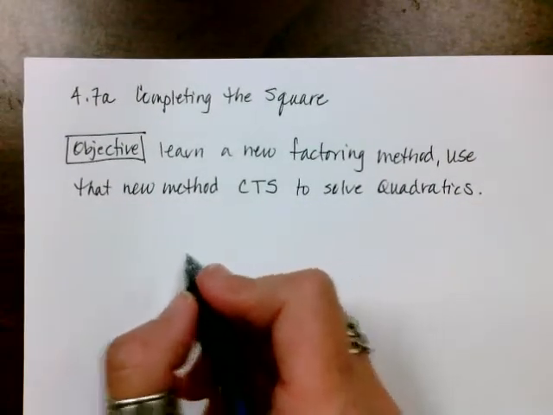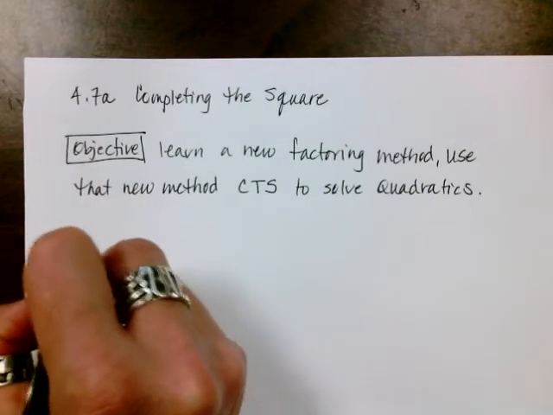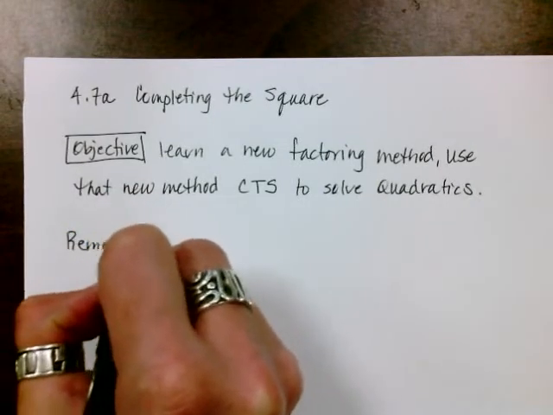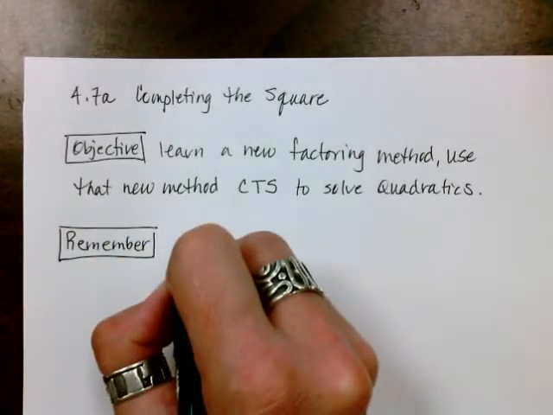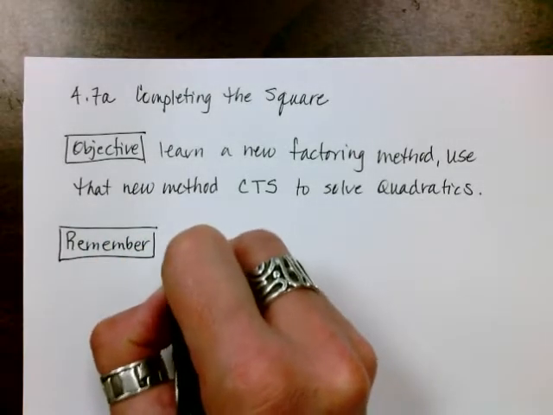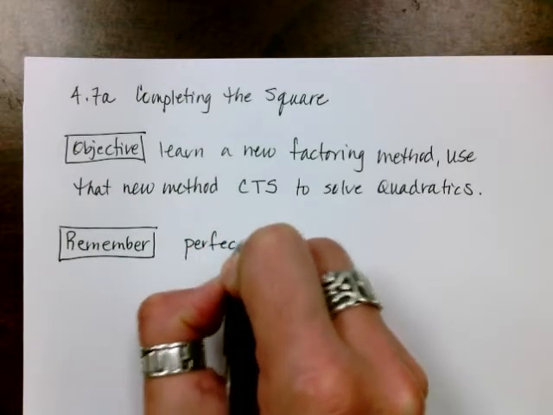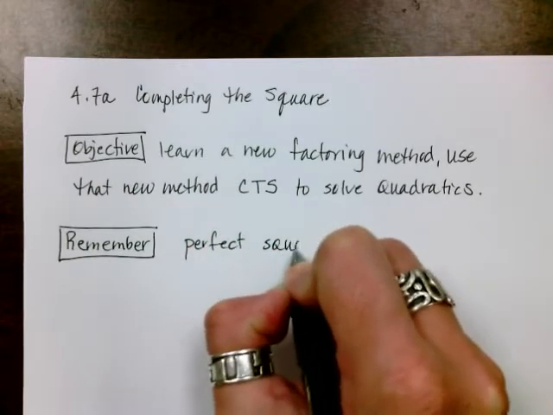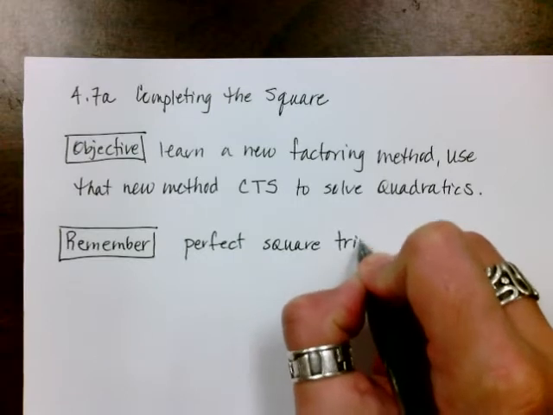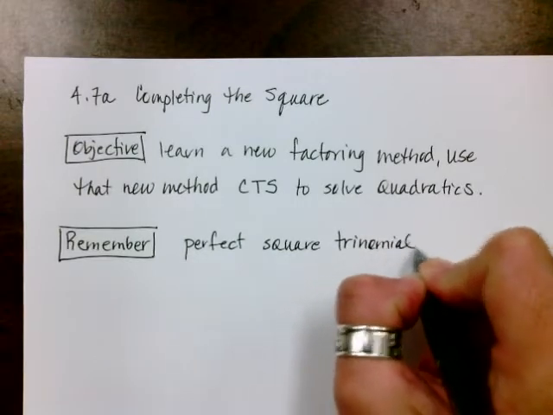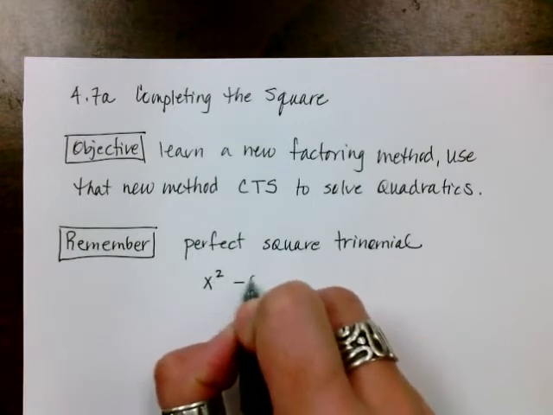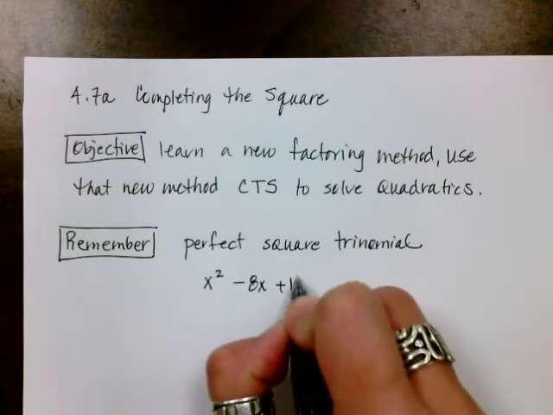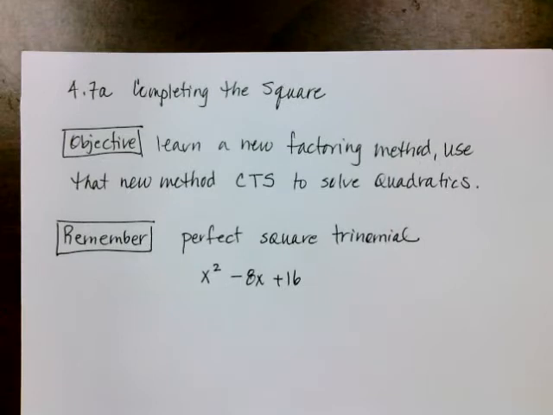All right, so the first thing that we want to do is go back and remember some of our factoring, okay? And what I want you to remember specifically is the perfect square trinomial. So I'm going to write one down just so we can talk about it. If I have x squared minus 8x plus 16, this is a perfect square trinomial.